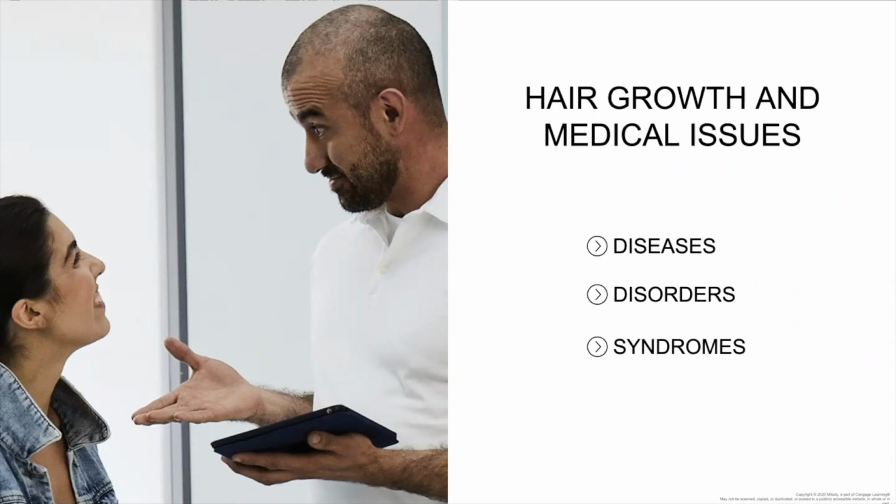Disorders are abnormalities of function, like a birth defect or genetically inherited malfunction. Disorders affecting hair growth are adrenogenital syndrome, which is a malfunction that causes overproduction of androgens. Then you have syndromes, like a group of symptoms that, when combined, characterize a disease or disorder.